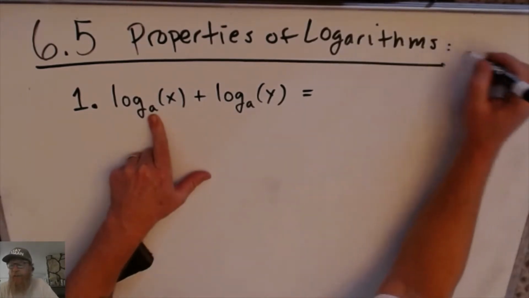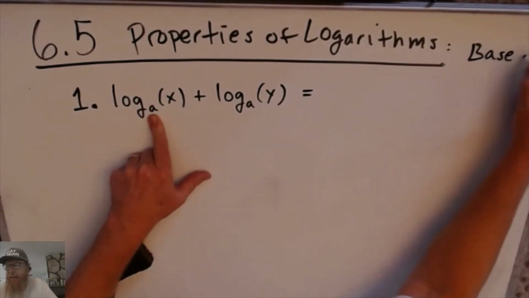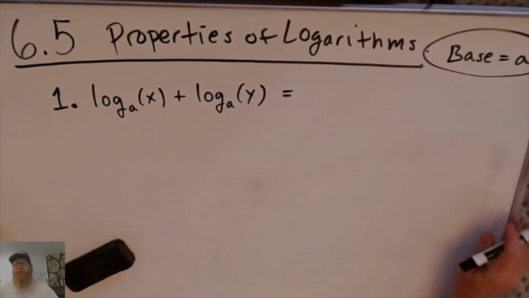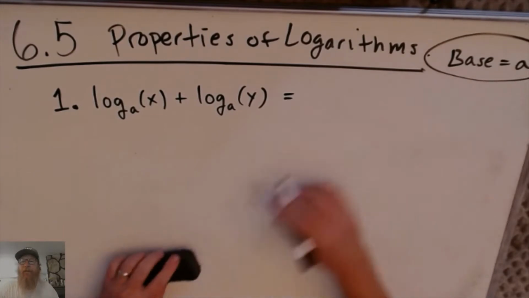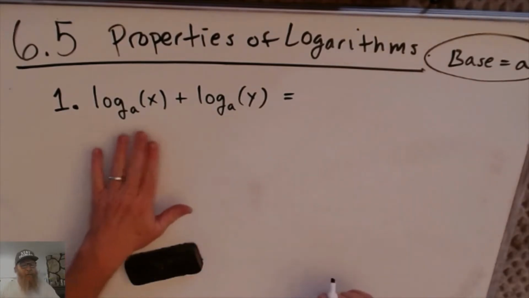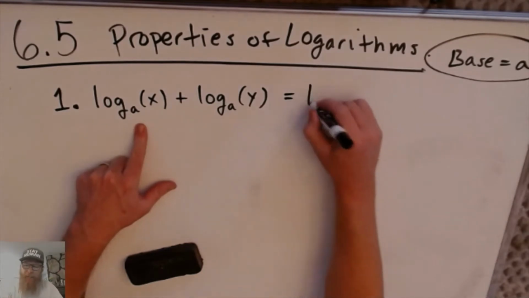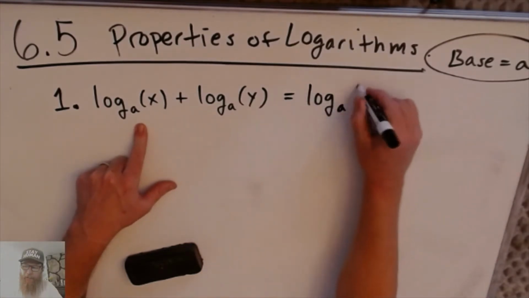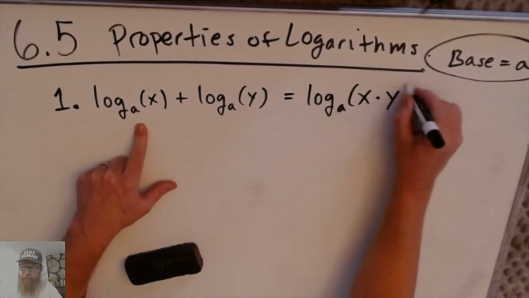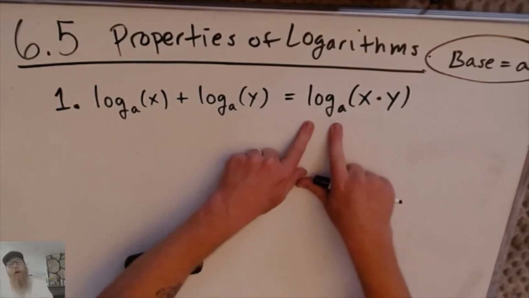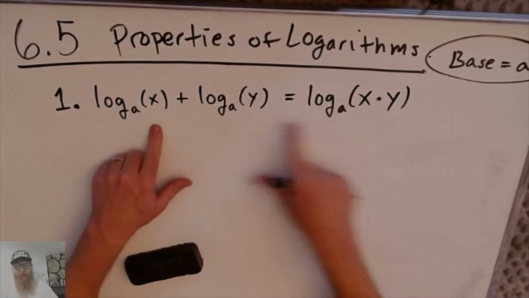So I'm just going to say base A for all of these examples, for all of these properties. The sum of two logarithms, as long as they have the same base, is the product of their arguments. So it becomes one logarithm where the arguments are multiplied.